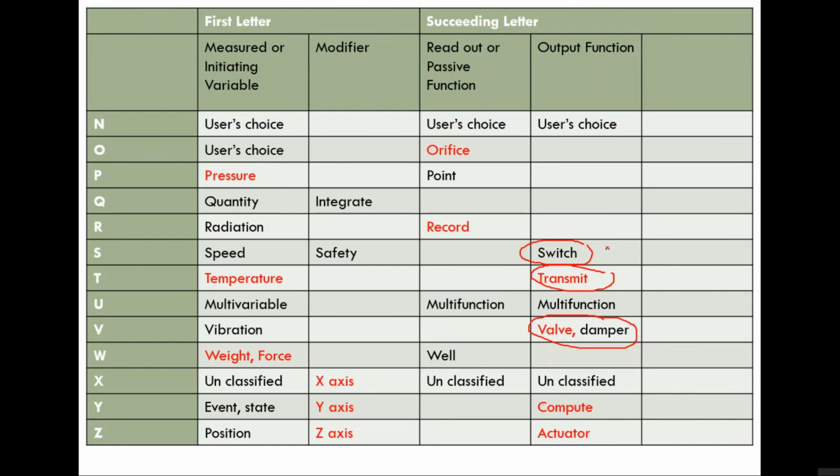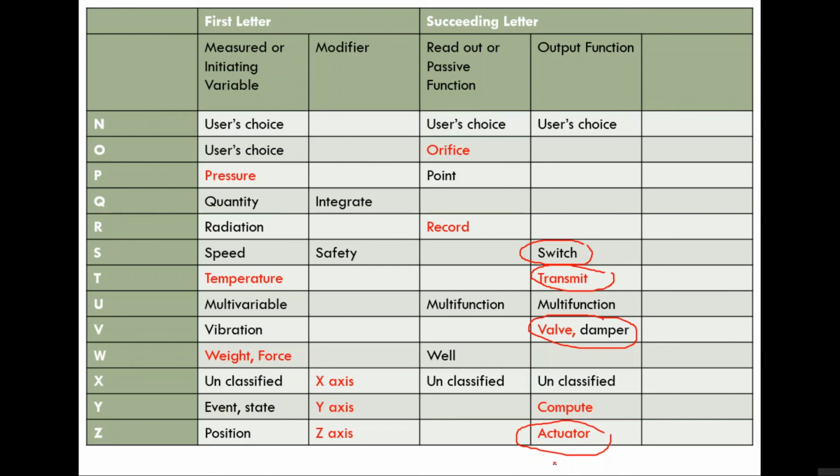Both are represented by V. Now the actuator is represented by Z. Please note, we cannot use A for actuator because A is already used to represent alarm. Actuation means some movement, which is why Z is used. So Z for actuator.